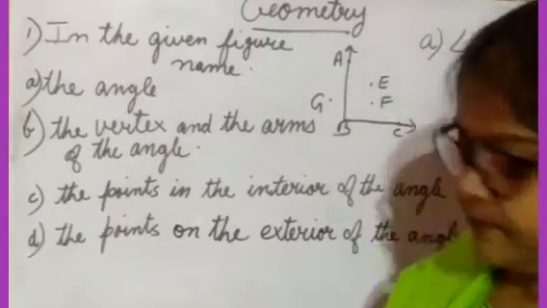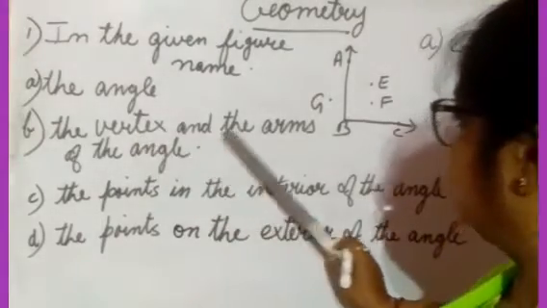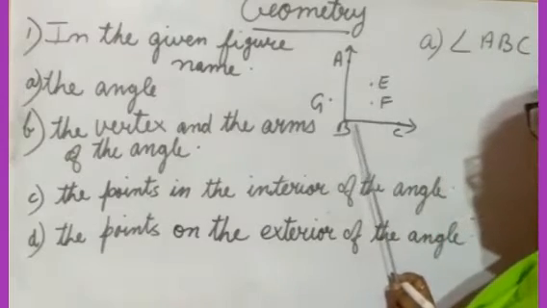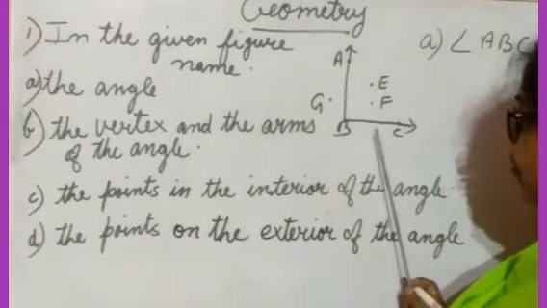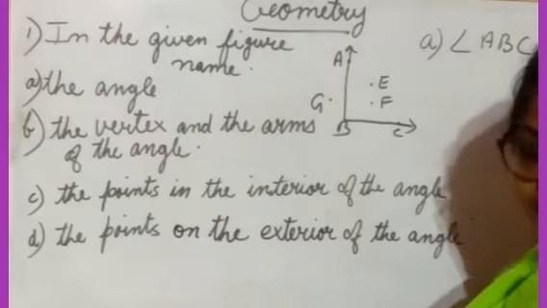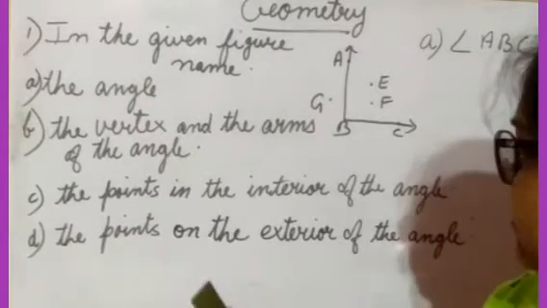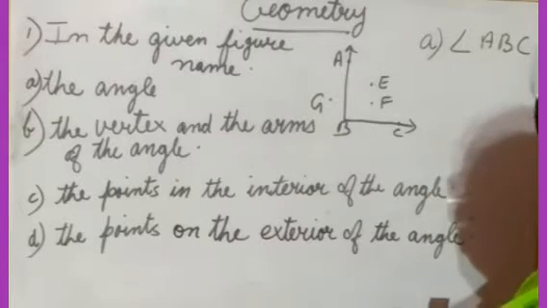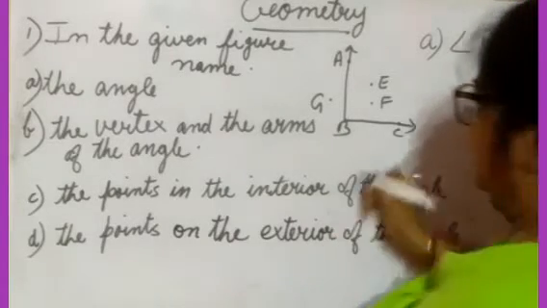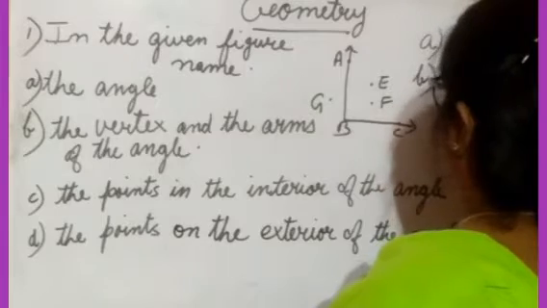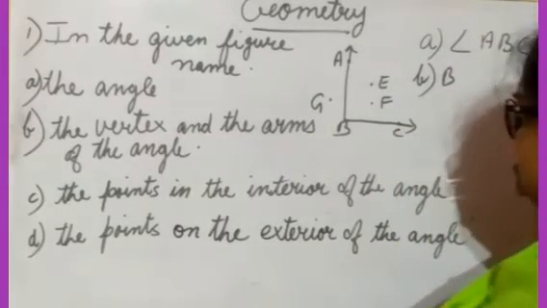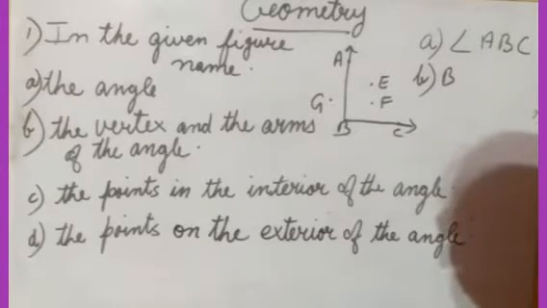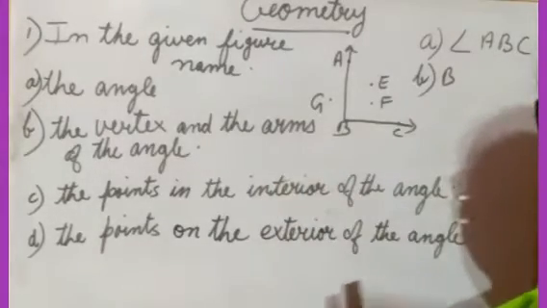Number 2: here the vertex and the arm of the angle are asked. The vertex is where two edges meet. So which one is the vertex here? The vertex is B. And what are the arms of the angle?